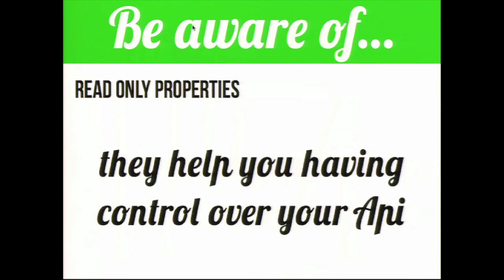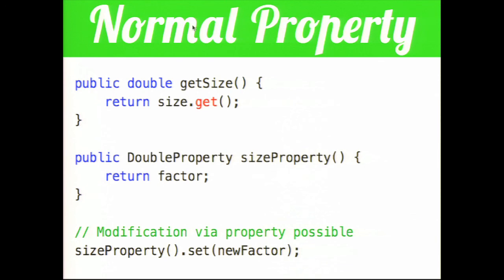So the fourth thing, also something I figured out too late. There are also read-only properties. And they help you have control over your API, because if you do something like that, this is a normal JavaFX property, you have the getter, and you say, okay, I would just let the people get the values, and that's it.